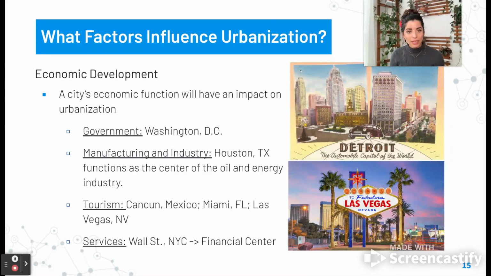So for economic development, sometimes a city's function will have an impact on its urbanization. So whatever specialty they have. For instance, let's say Washington, D.C. is government. So we see their economic function revolve around government. For Houston, Texas, manufacturing and industry is kind of like the main function of that city, being a center of oil and energy in Texas and in the US.